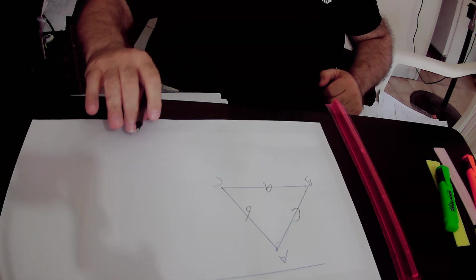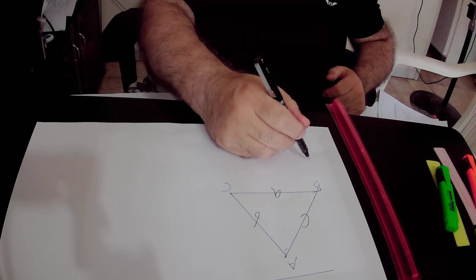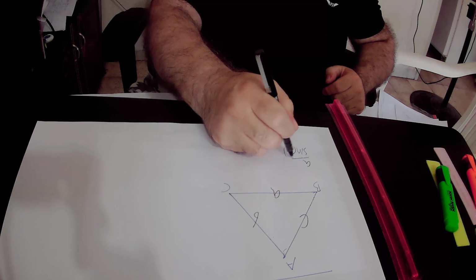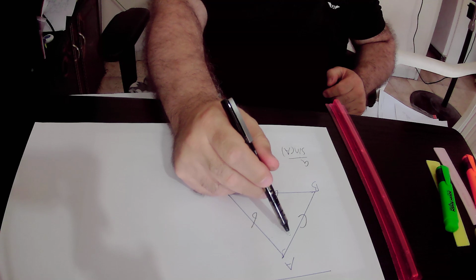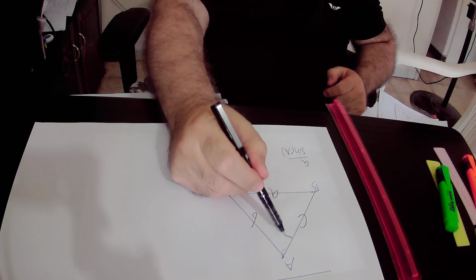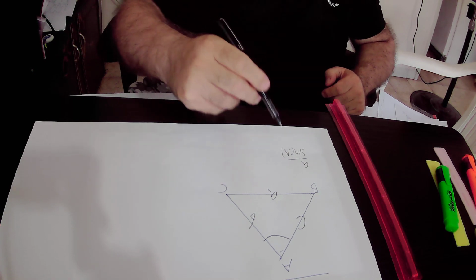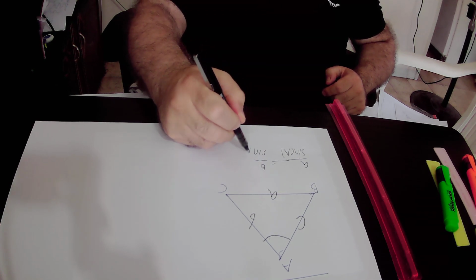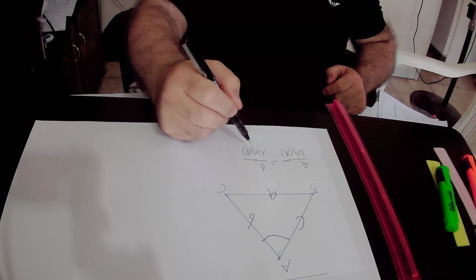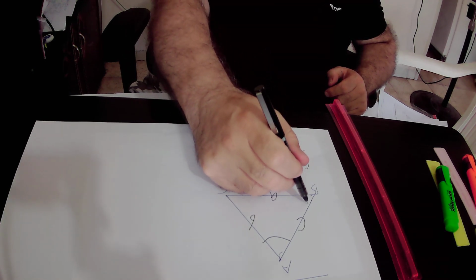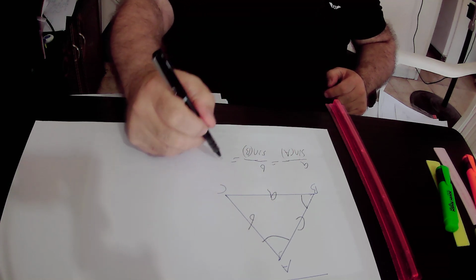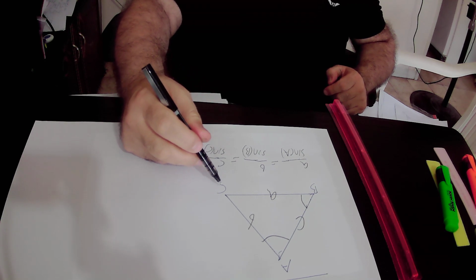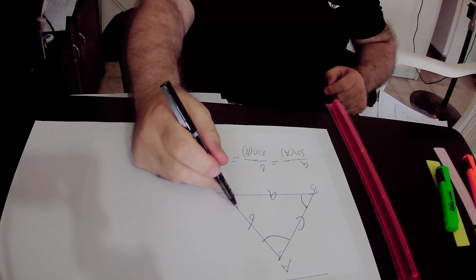the following equation is true: a over sine A, where capital A is the size of this angle, angle BAC, is equal to b over sine B. Likewise, capital B is the size of this angle, angle ABC, and it is equal to c over sine C. Capital C is the size of this angle, angle ACB.